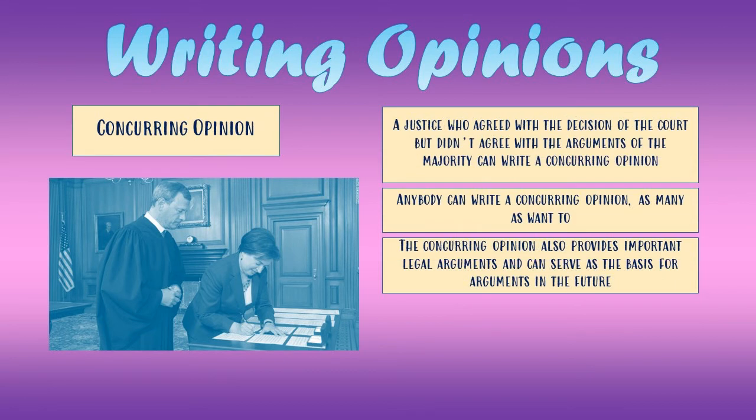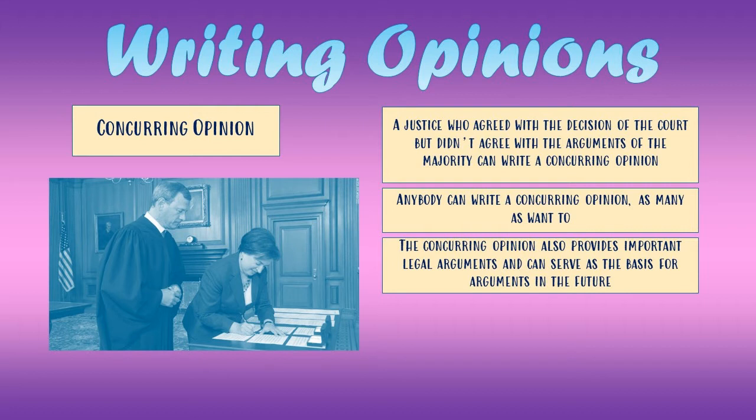All right, the other type of opinion here is for a judge who agrees with the majority, but has some thoughts that they want to add. This is called a concurring opinion. They concur, they agree. So anybody can write a concurring opinion. They're not assigned this or anything, but if they feel strongly, they're going to explain why they agreed with the decision, but they might not have agreed with the arguments that were written in the majority opinion.